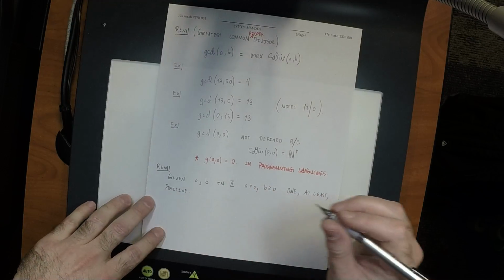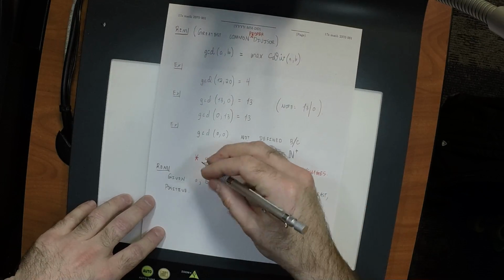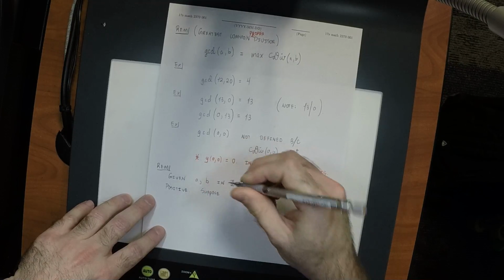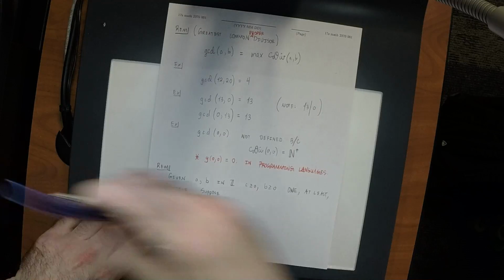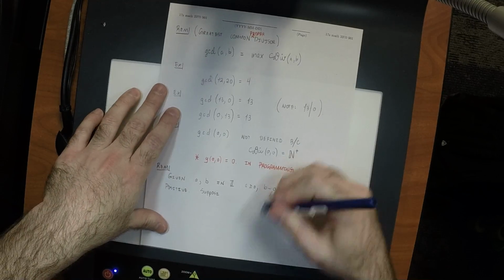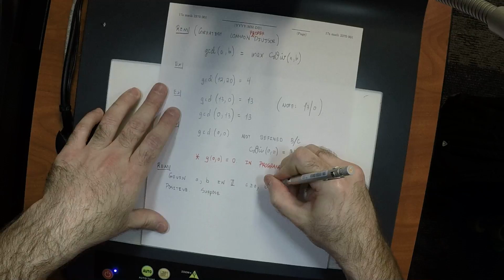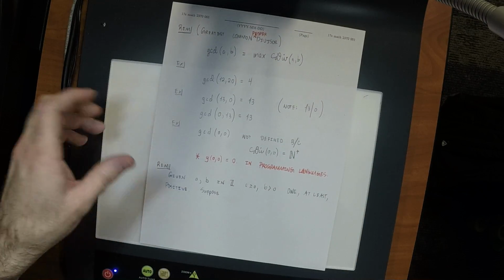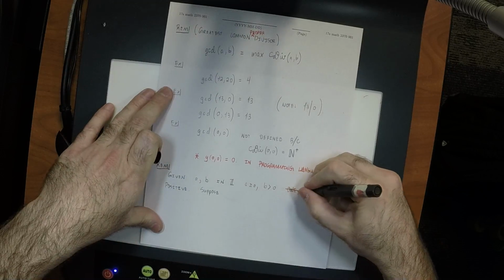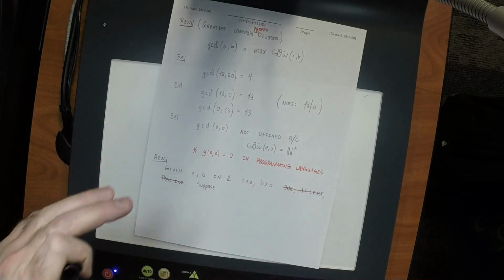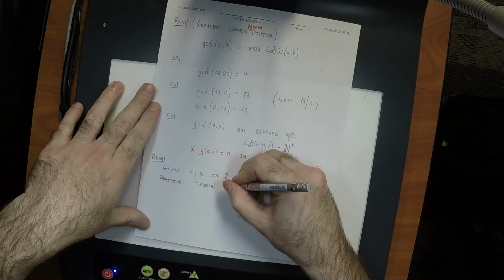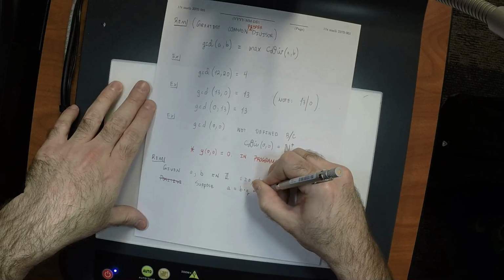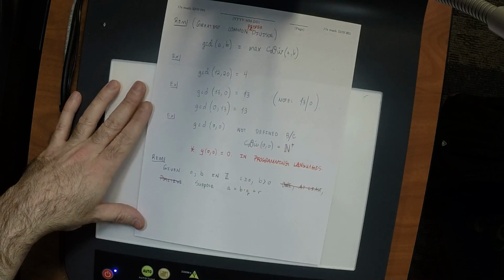Now suppose, in fact, I'll be specific and I'll say B is not 0. So B is the positive one. Suppose that A is B times Q plus R in the division.